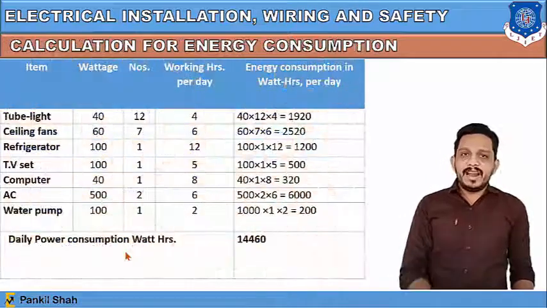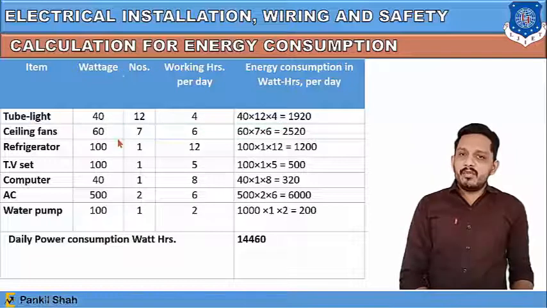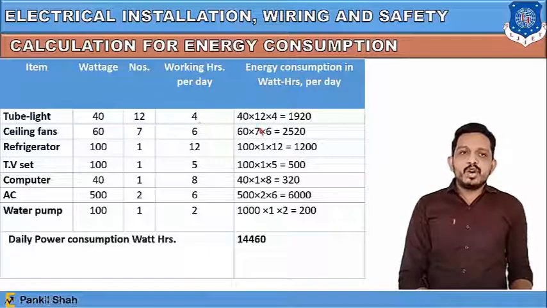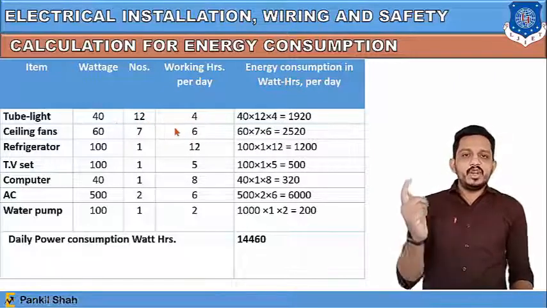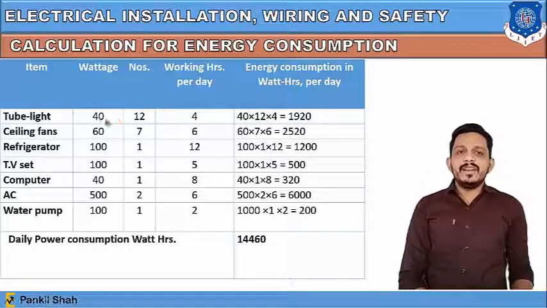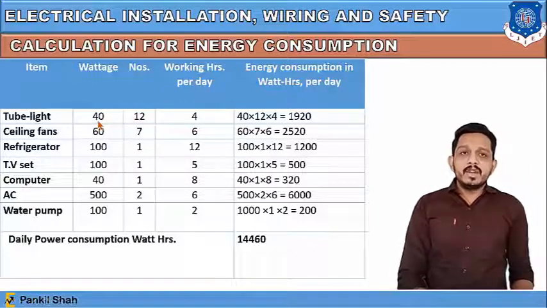So let's calculate. The tube light is 40 watt, there are 12 of them, and the working time is 4 hours. So you have to multiply 40 watt into 4, that is the watt-hour capacity for one tube light only. For 12 tube lights, you multiply by 12, so it will be 40 into 12 into 4, which is 1920 watt hour per day.